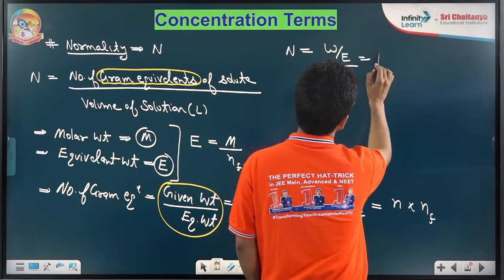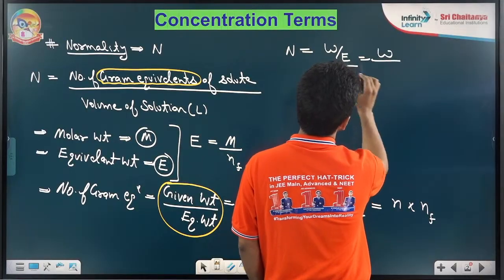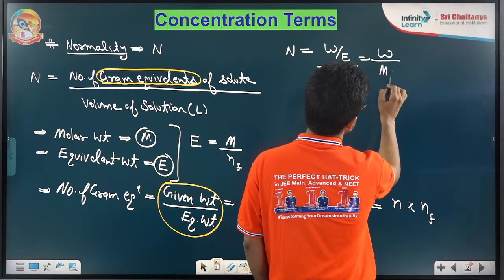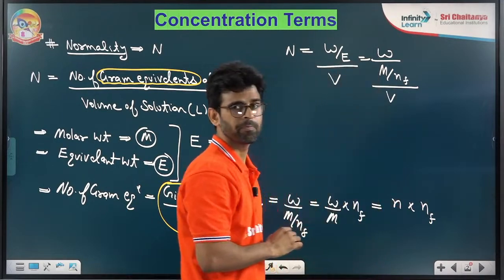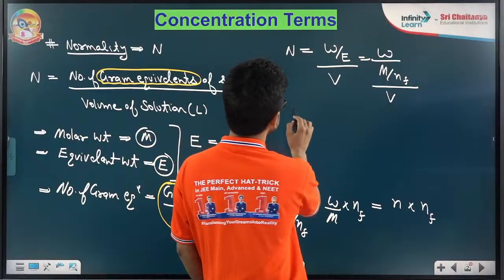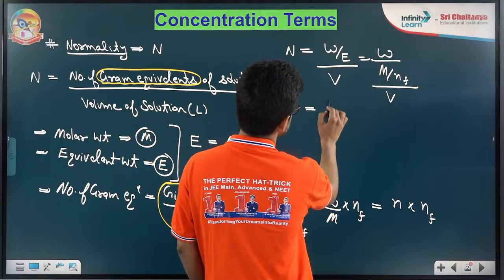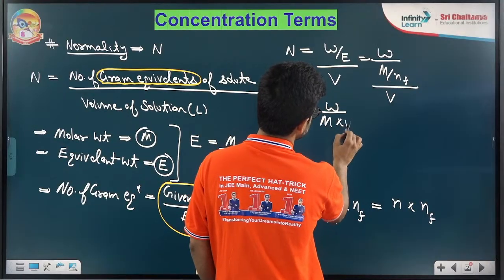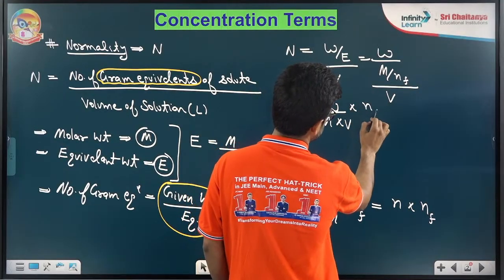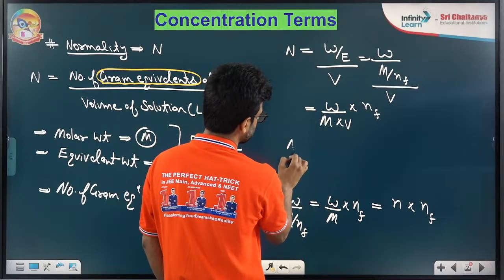Or if I go further, W by E, but what is E? E is M by n factor, divided by volume in liters. Clear? If you solve this further, I can write it as W by M, volume here, and n factor I can write upside, right? So what is coming?